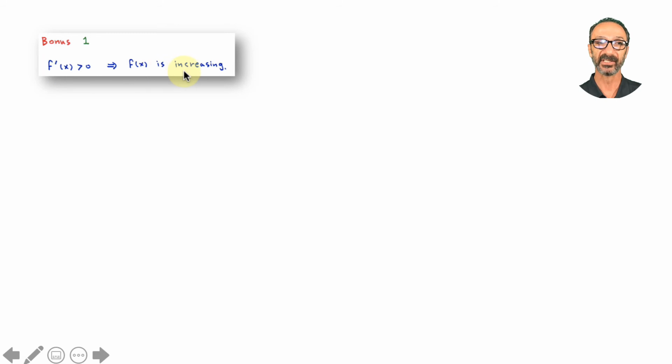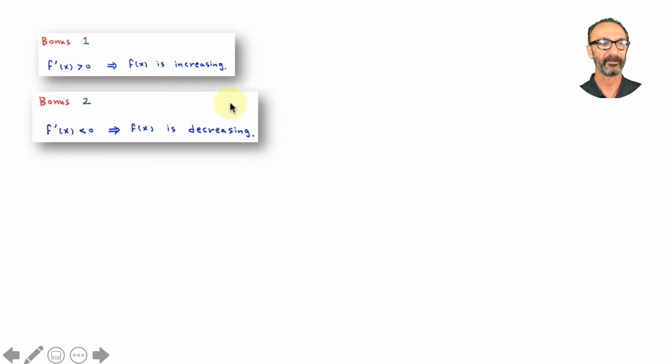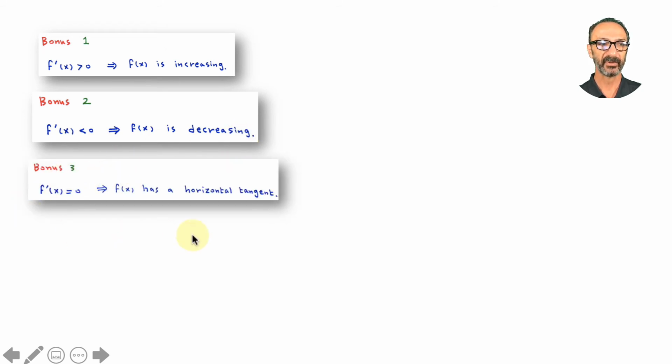That means f of x is increasing. Now I'm not saying s prime, I'm saying f prime. Bonus number 2. F prime of x is negative. That means the graph is decreasing. Bonus number 3. If f prime is 0, f of x has a horizontal tangent.